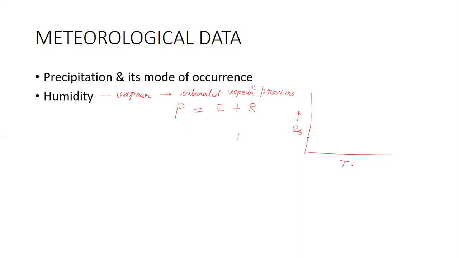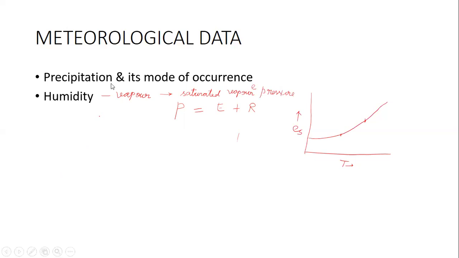If you go into more detail, there are different points on this graph, like the dew point and the wet bulb temperature, but we needn't go into so much detail right now. It is only for you to understand that humidity is a very important measure of meteorological data.